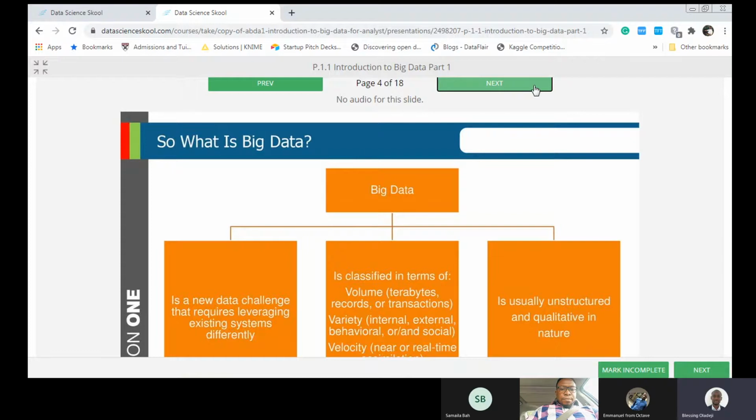I gave the MTN example. MTN has a 65 million customer base, and an average customer will generate up to about 13 different either inbound or outbound calls in a day. So when you multiply that by 65 million, it's about 650 million records.